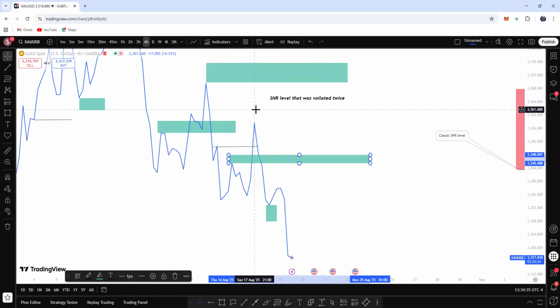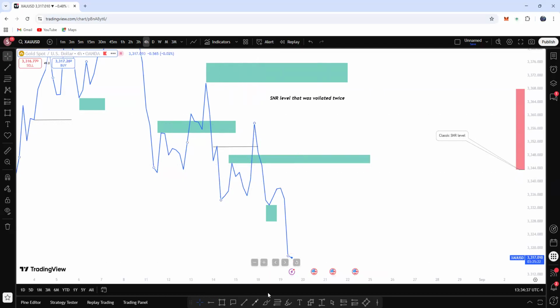Close above it, because this is a level here. This one is a level here. The level there, closed above it, then also went below it.